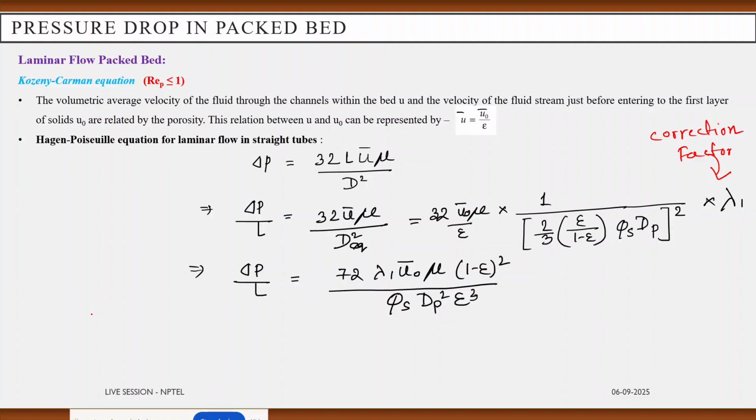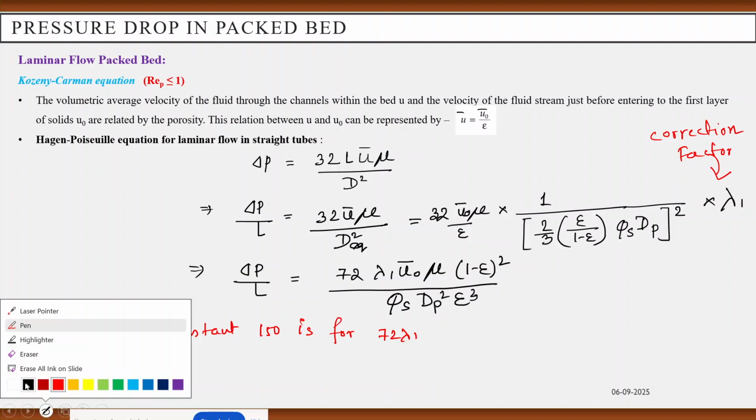From several experimental conditions, the empirical constant 150 is for 72 lambda 1.